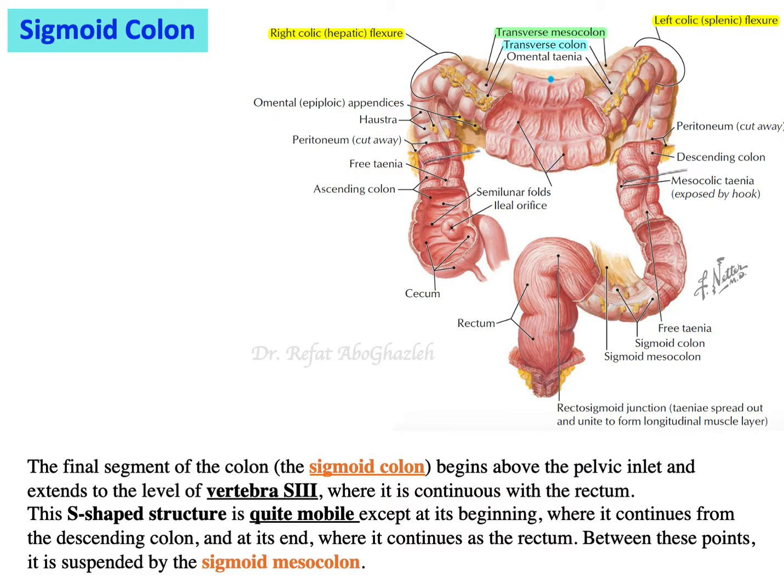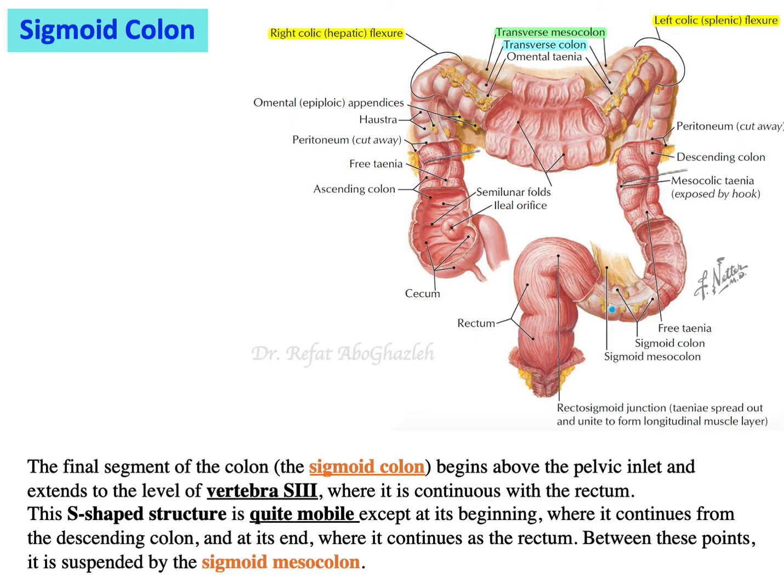The mesentery of the transverse colon was the transverse mesocolon; the mesentery of the sigmoid colon is called the sigmoid mesocolon. That means it's a mobile structure, similar to the transverse colon, an intraperitoneal structure.